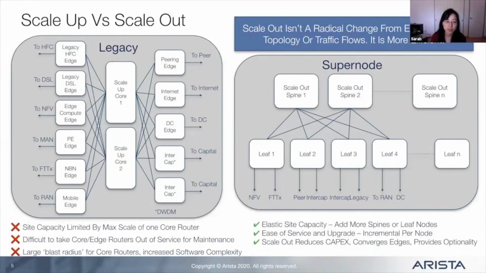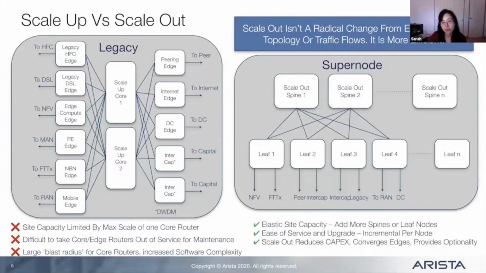If you buy a chassis from one vendor, then you have to buy the line cards from the same vendor. And the entire site is limited by the maximum scale of the one core router. The software upgrade is a nightmare. And if you are unlucky and lose two cores, then the entire site is gone.